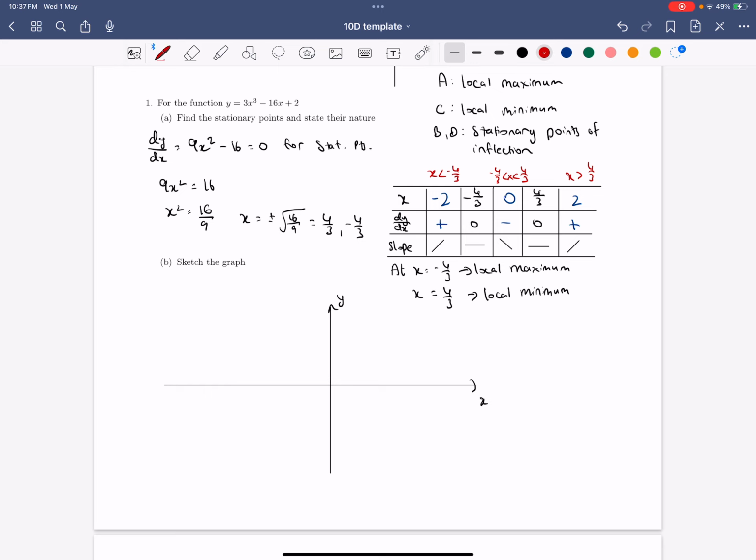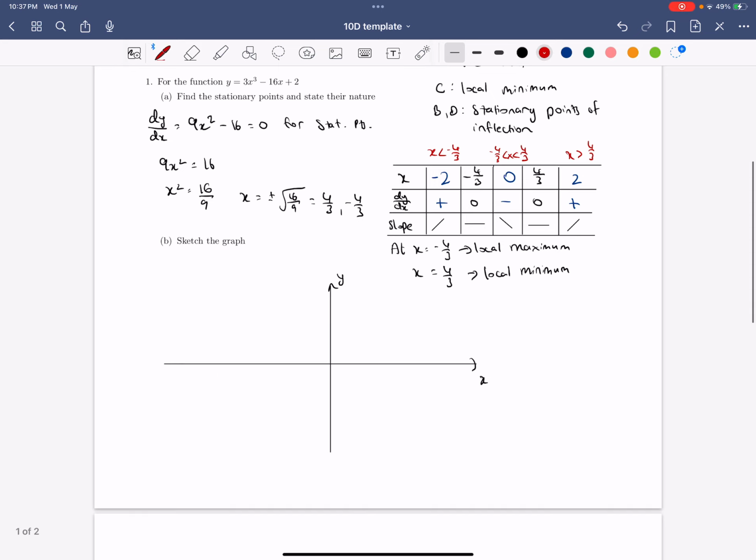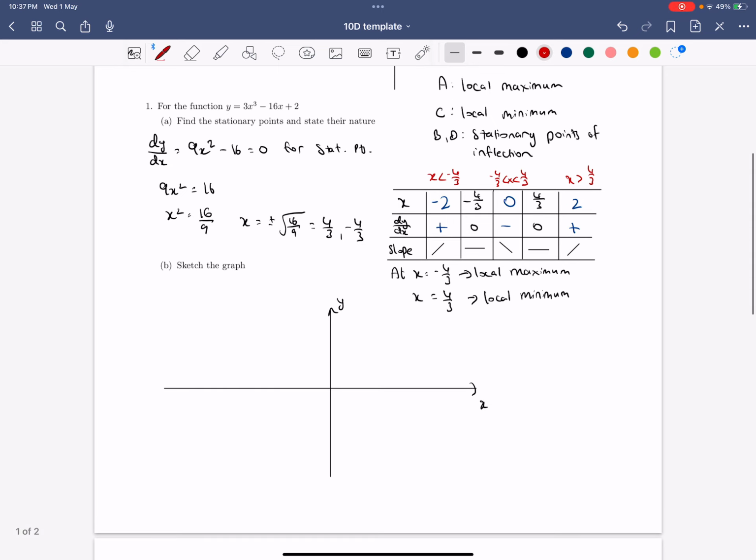So we know that there's a stationary point at -4/3 and a stationary point at 4/3. So if you do y of -4/3, you get that that's equal to... I might put this into my CAS. Give me one moment.